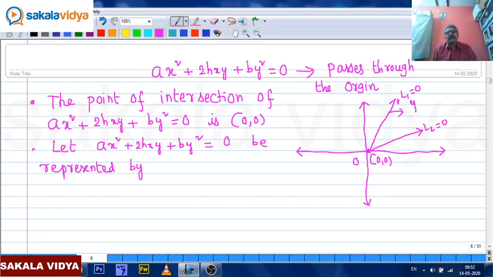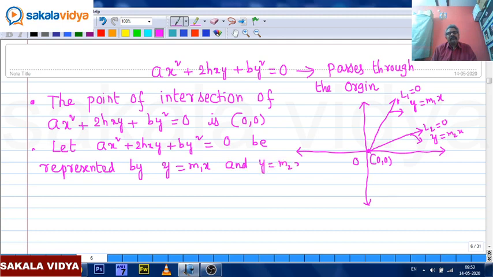Generally the equations will be y is equal to m1x and y is equal to m2x.